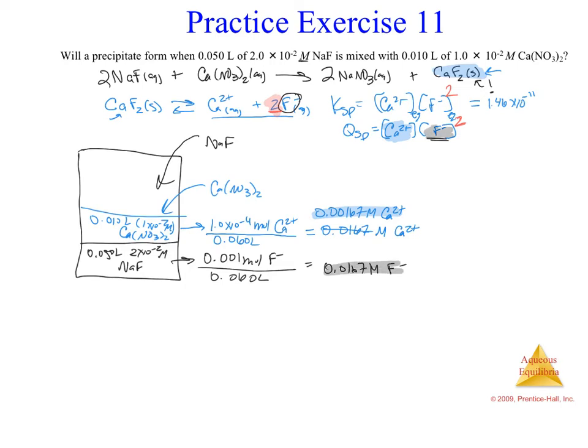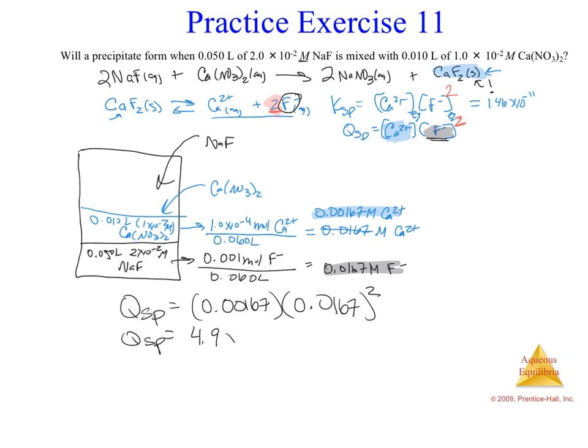So now I can solve for Q. QSP equals my calcium, 0.00167, times fluoride, 0.0167 squared. When I multiply these together, I end up with 4.9 times 10 to the negative 7th.